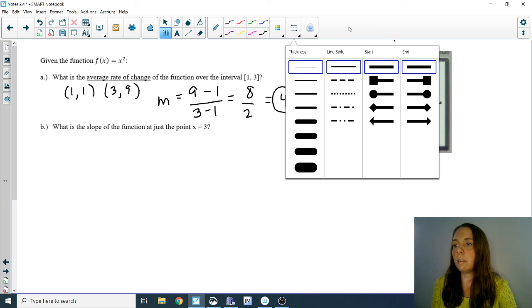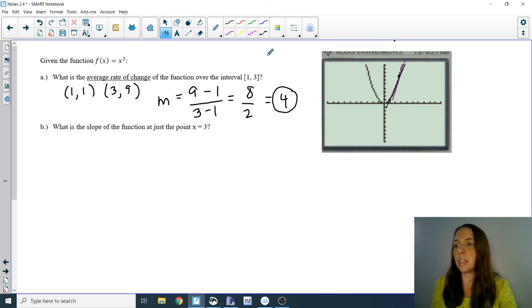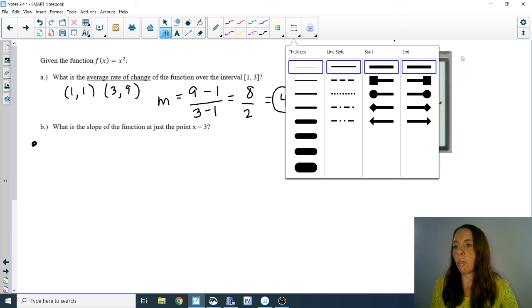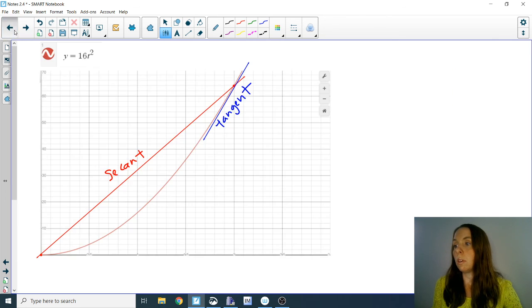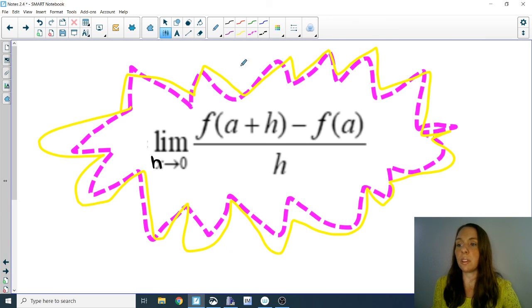Now, one of the common mistakes that I see with my students, I didn't do purple, is that they try to just go straight to that formula that I showed you and figure out how to fit everything into this formula.